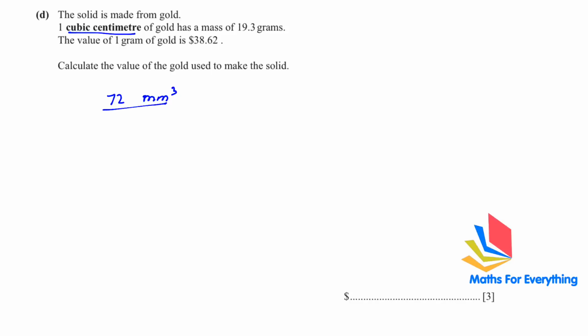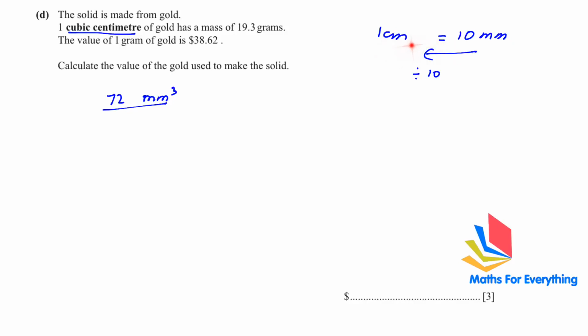How can we do that? I hope you know that 1 centimeter is equal to 10 millimeter. So if you want to convert from millimeter to centimeter, you have to divide by 10. The small unit is millimeter, the big unit is centimeter. So if from the small unit you want to convert to the big unit, you divide by whatever number that is there.